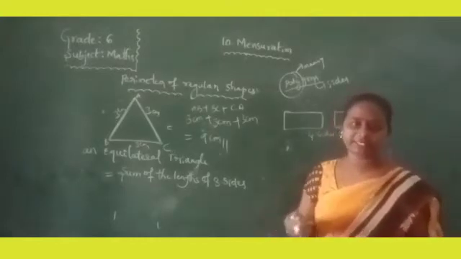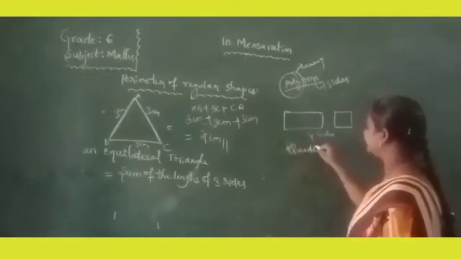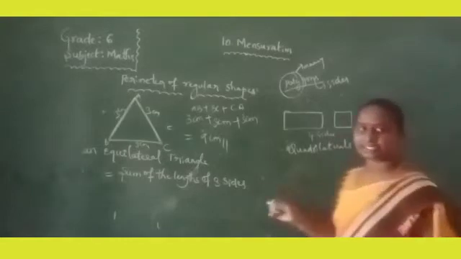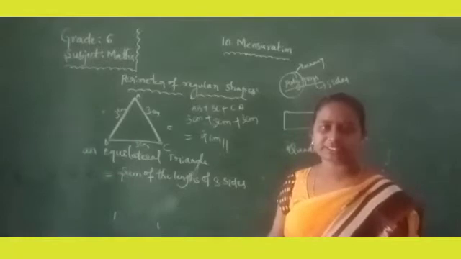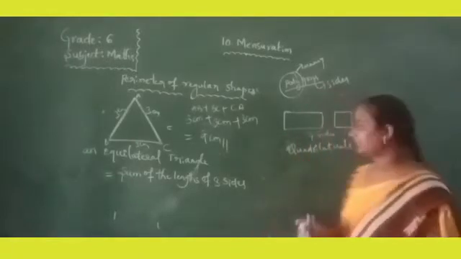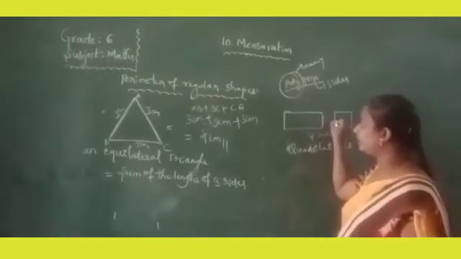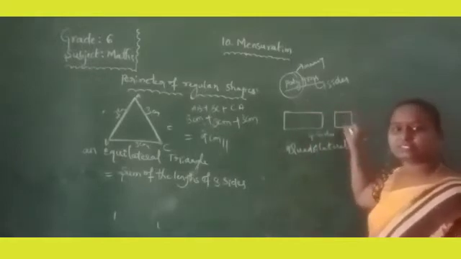Any figure made up of four line segments, or having four sides, we call a quadrilateral. You have already learned the formulas for the perimeter of the rectangle and square.